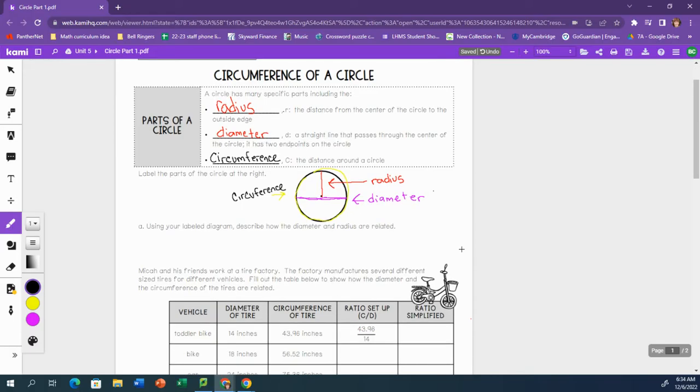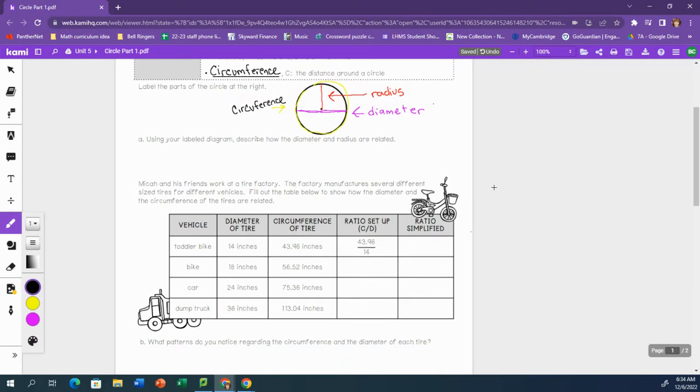Using your labeled diagram, label the parts, which we did. Using your labeled diagram, how are the diameter and radius related?